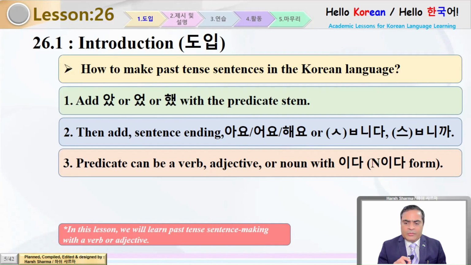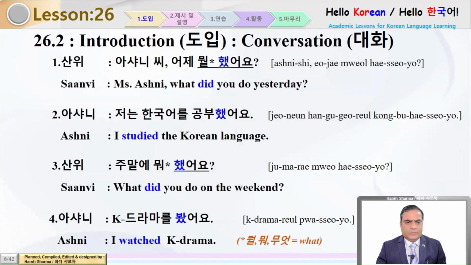It can be 아요, 어요, 해요 for the informal polite sentences, and 습니다, 습니까 for the formal sentences, 여러분. And we know the predicate in the Korean language can be a verb, an adjective, or a noun with either form. In this lesson, we are going to cover verbs and adjectives only, because nouns will become very easy after this.